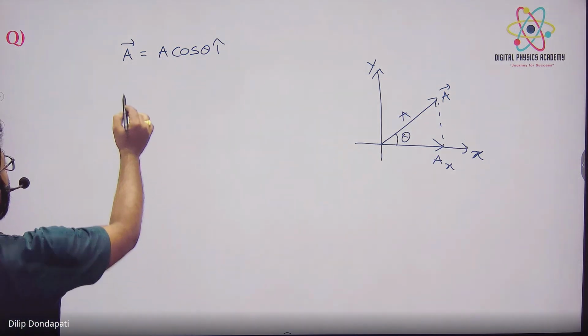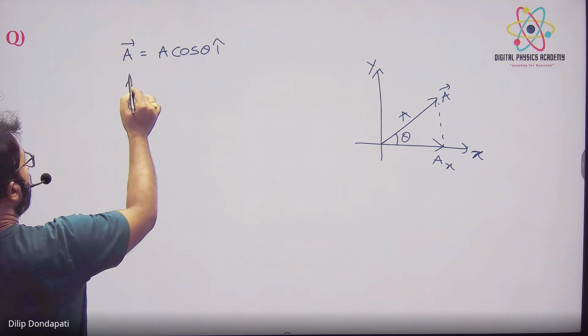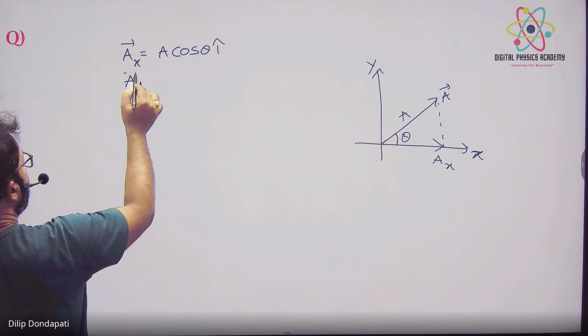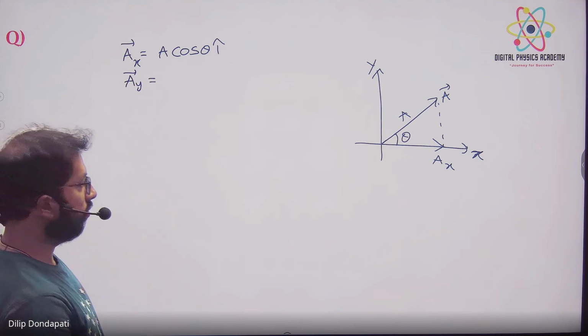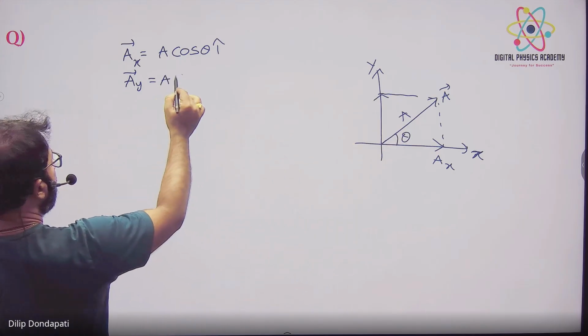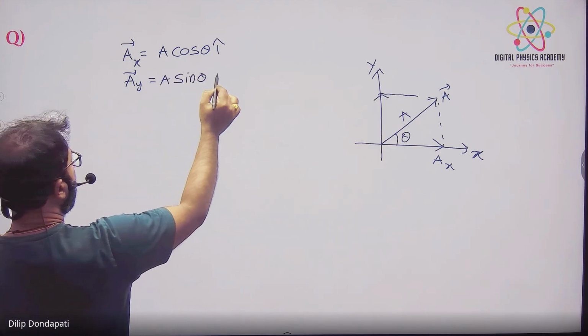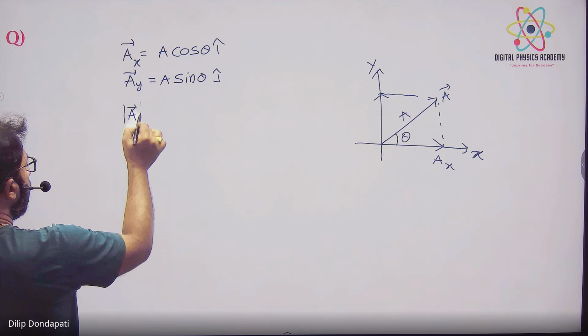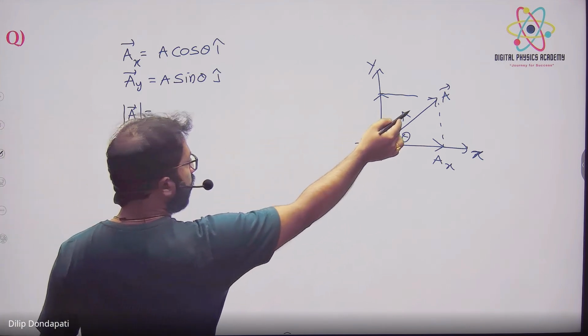Tell me, I want AX, right? Tell me AY चाहिए. A sin theta J cap. Okay. Magnitude of A is how much they given in the question? Magnitude of A is nothing but A only.